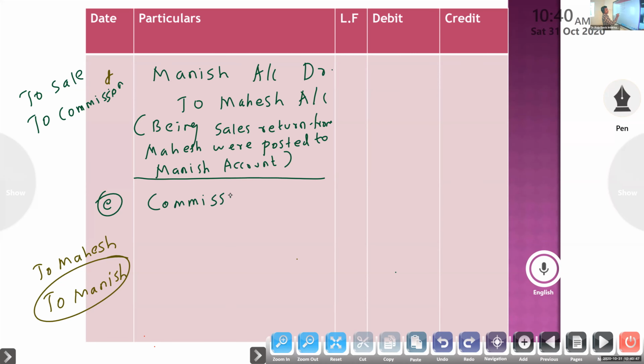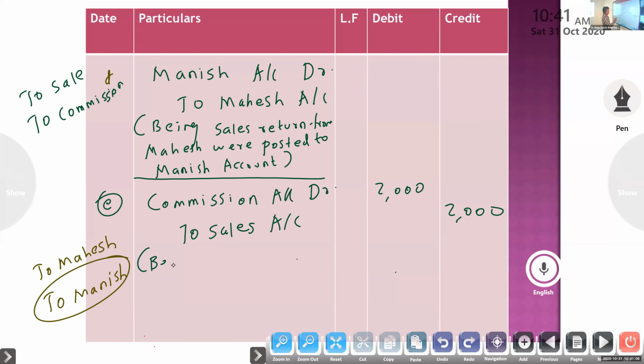Yes: commission account to sales account, 2,000.